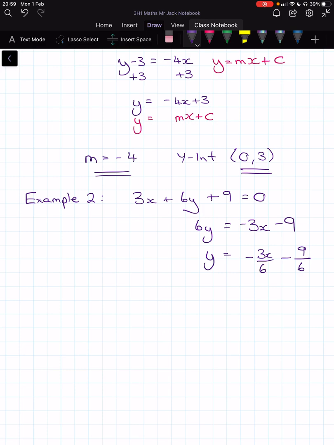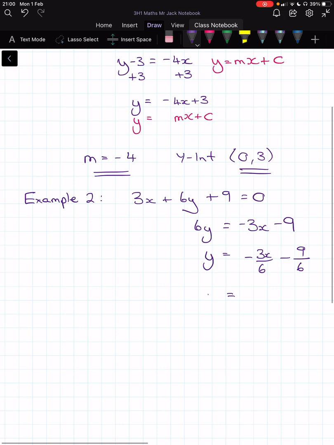So a couple of divisions by 6. Now we should be able to home in on that and notice that we can simplify these fractions. So that'll be negative 1/2 x minus 3 over 2. And that's us finished. We're now in y equals mx plus c form, aren't we?